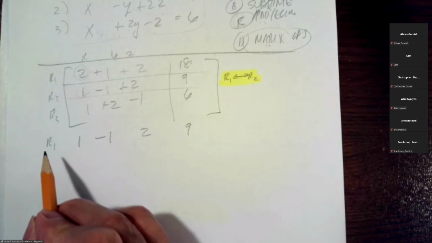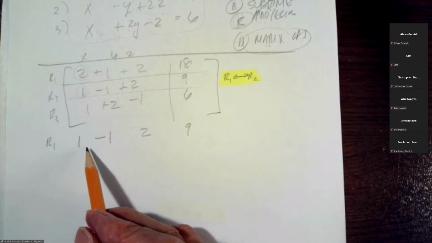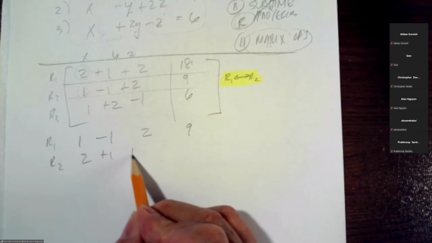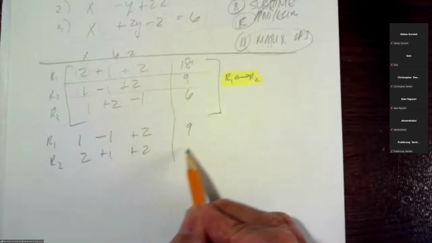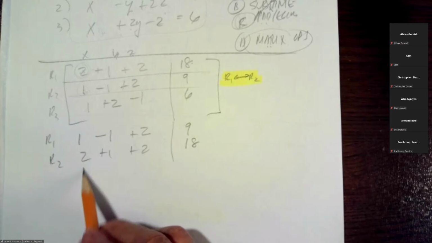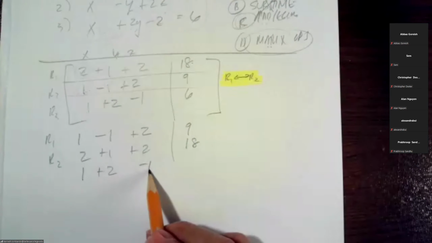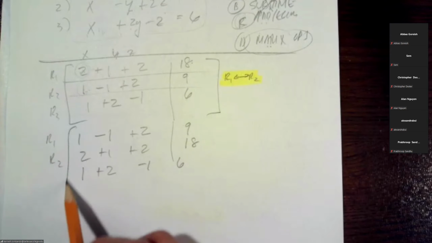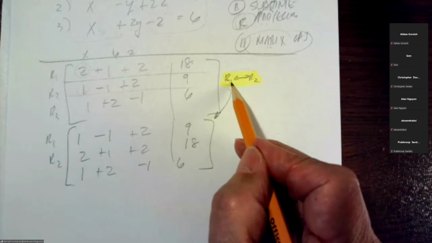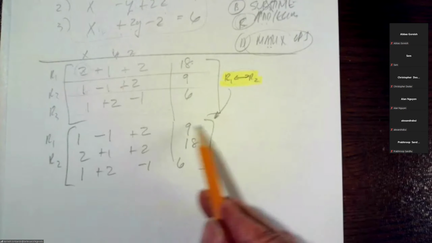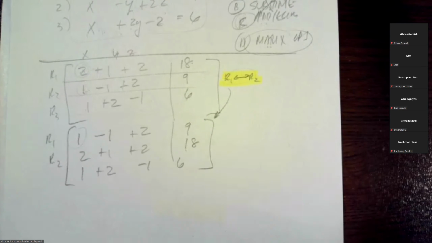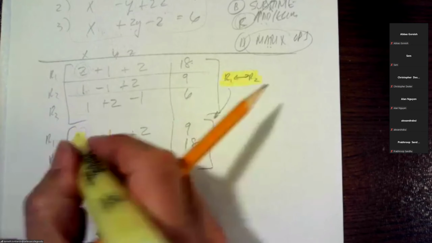That becomes my new row 1. And row 2 becomes the old row 1, which is 2 plus 1 plus 2 and 18. And row 3 didn't change. 1, 2, negative 1, 6. Okay, so this is the result of doing this operation on this augmented matrix, and I generate a new augmented matrix. And the goal was to get a 1 up here, and I was successful. There it is.